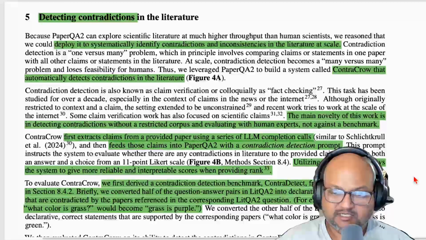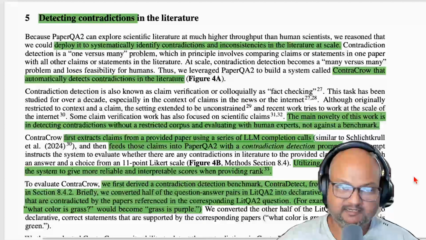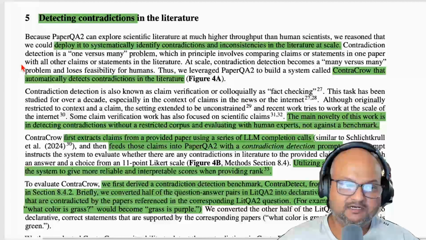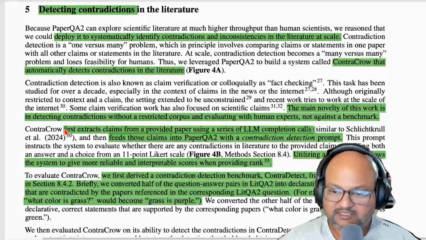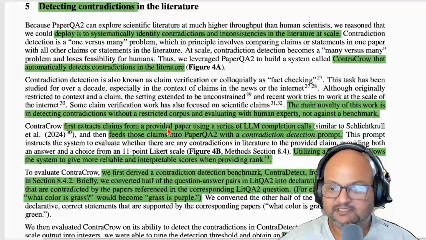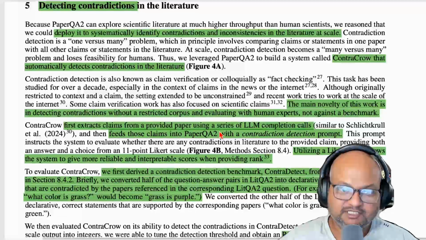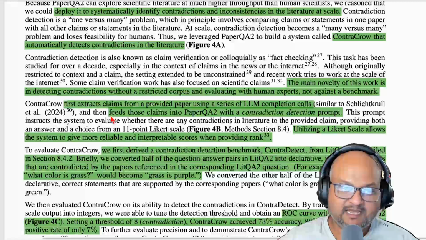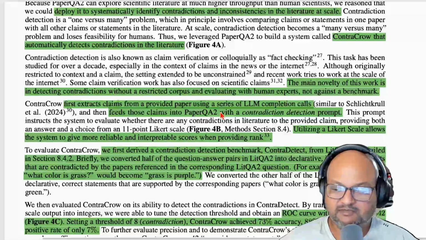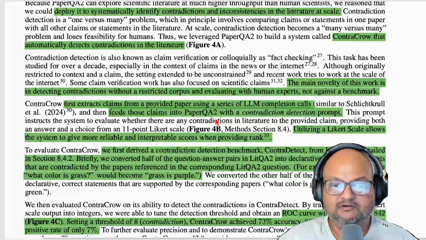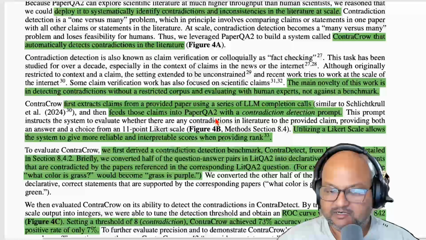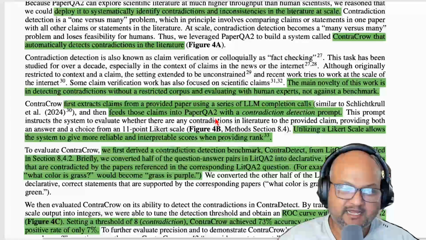And that brings us to task number 3 in this paper, which is to detect contradictions in the existing body of work. The way they do that is to first extract claims from the papers using LLM prompts, and then give those claims to the paper QA2 system, the agentic RAG system, with a specific prompt for contradiction detection.